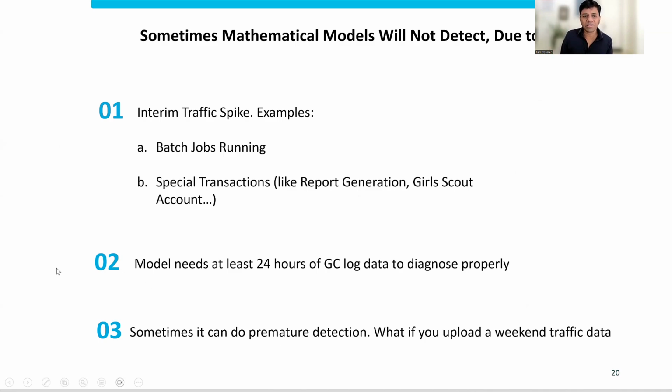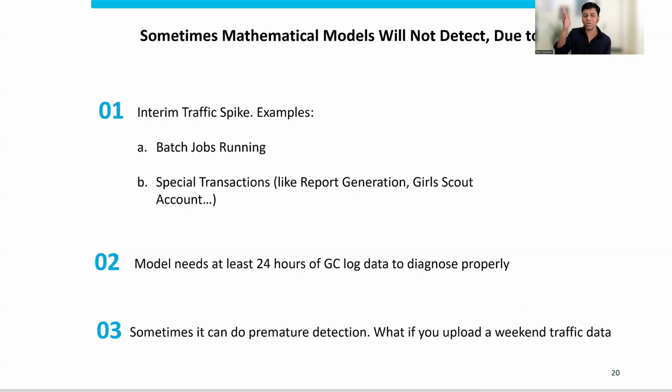Look at this, friends. Sometimes our application may get an interim traffic spike, not a consistent traffic spike. Let's say some batch job or scheduled job runs, say at midnight, 12 a.m. or 1 a.m. When the scheduled job runs, the traffic is going to increase, and when traffic increases, the memory consumption is also going to go up.